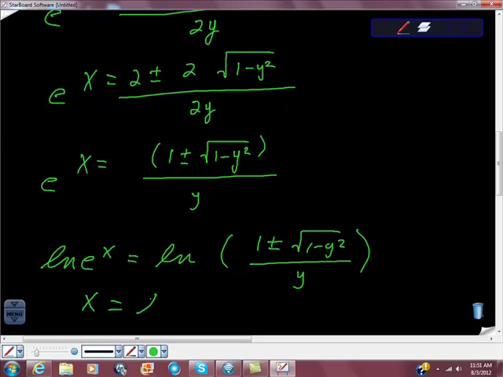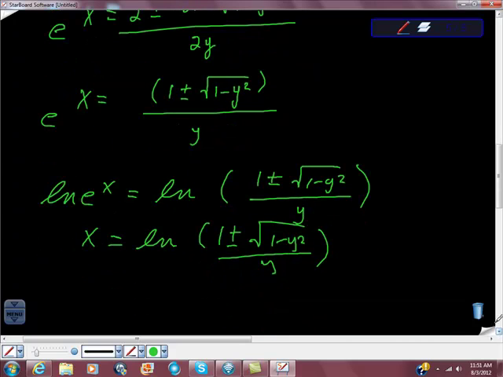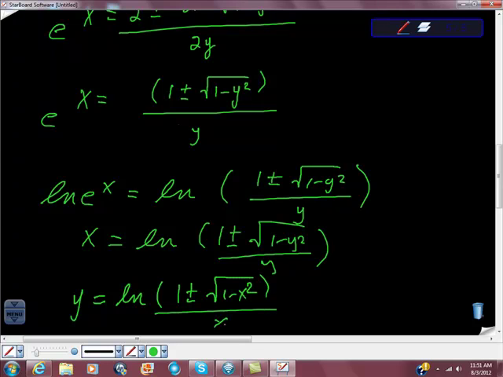So x is equal to ln of 1 plus or minus the square root of 1 minus y squared, all over y. We're almost done, I swear we are. Now we're just going to switch this, because we're going to take the inverse. y is equal to ln of 1 plus or minus the square root of 1 minus x squared, all over x. And my gosh, that's my final solution.